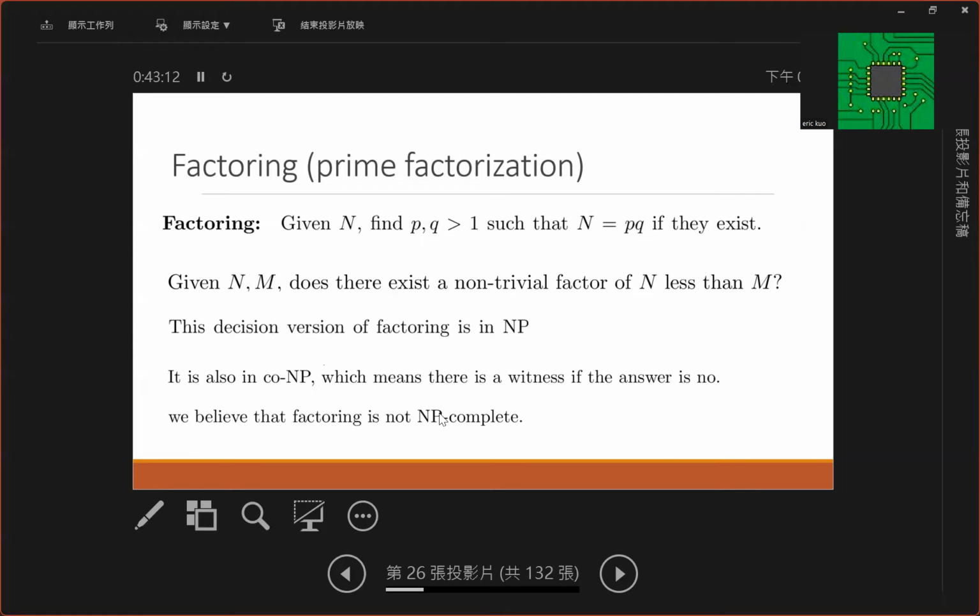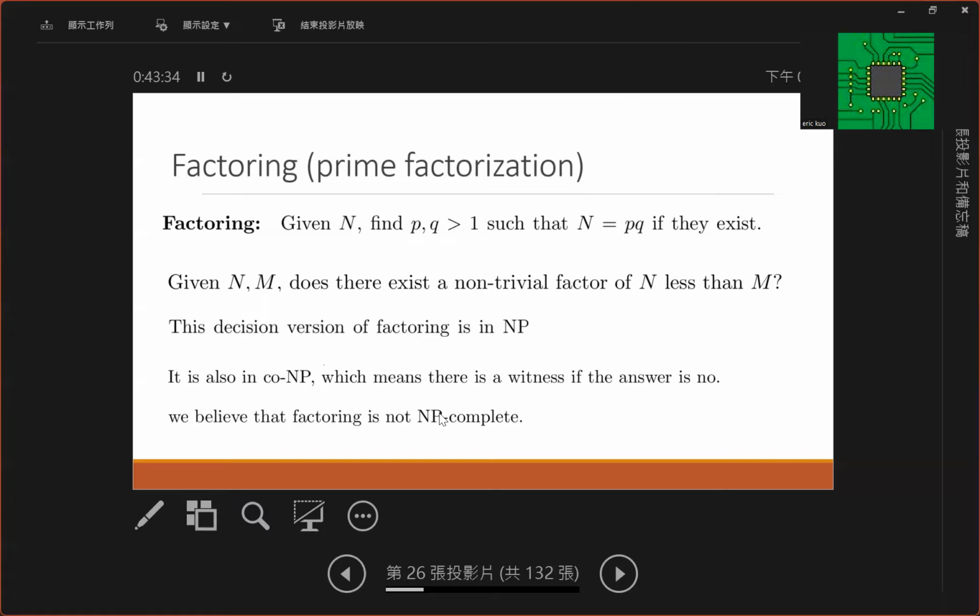If I give you a Boolean function, you need to tell me whether there exists x such that f(x) equals 1. This problem is NP-complete. It's the most difficult problem in NP. This is the definition.